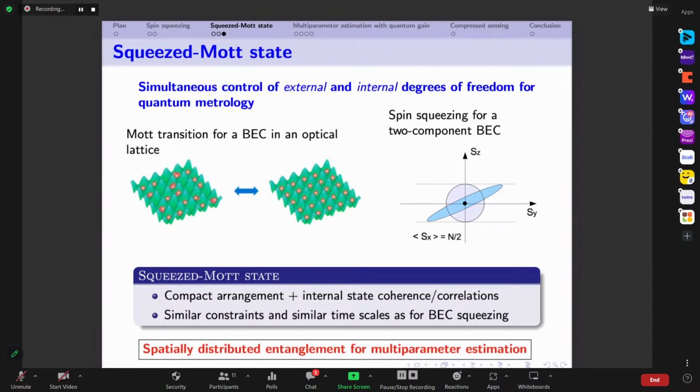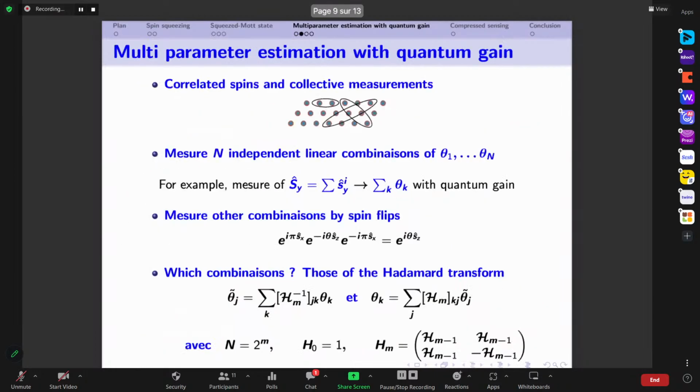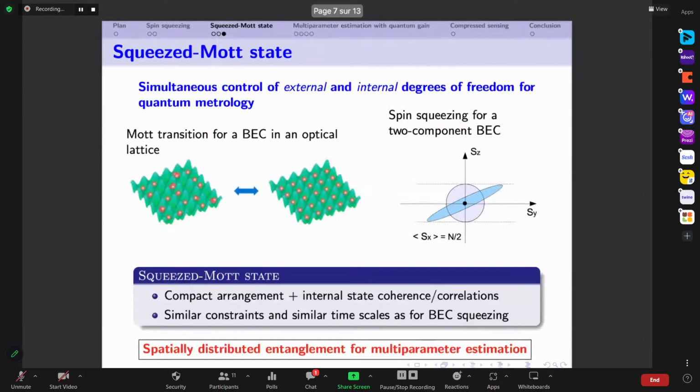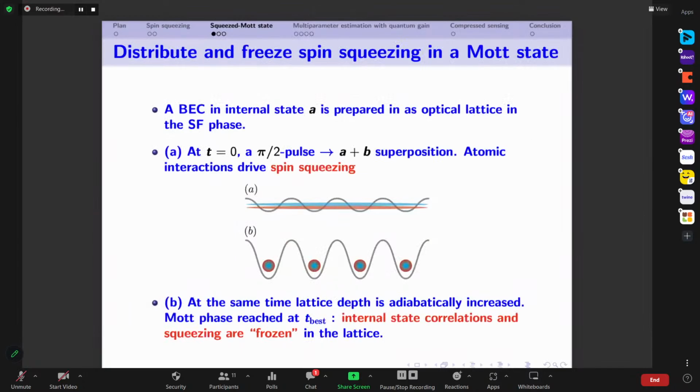Actually, I'm not sure that I will answer your question completely. But here you have your evolution given by the Sz squared Hamiltonian. If you push it further in time, you get more and more entangled states, and the most entangled is a cat state, actually. It is a phase state with two opposite phases that can be turned into a NOON state.